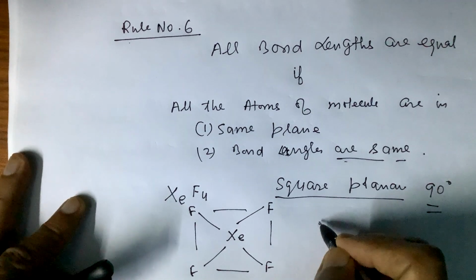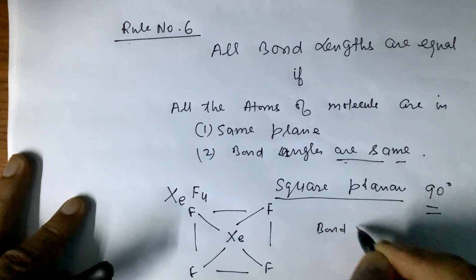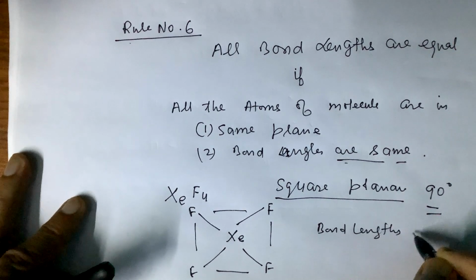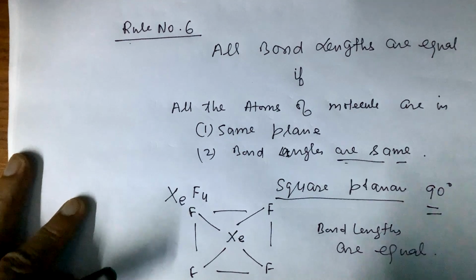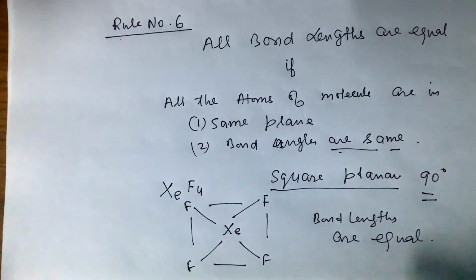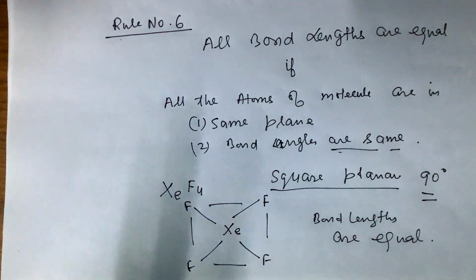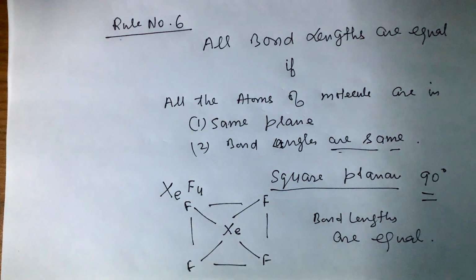Then we say that all the bond lengths are equal. This is rule number 6. So this way we have seen. Now we come to rule number 7.